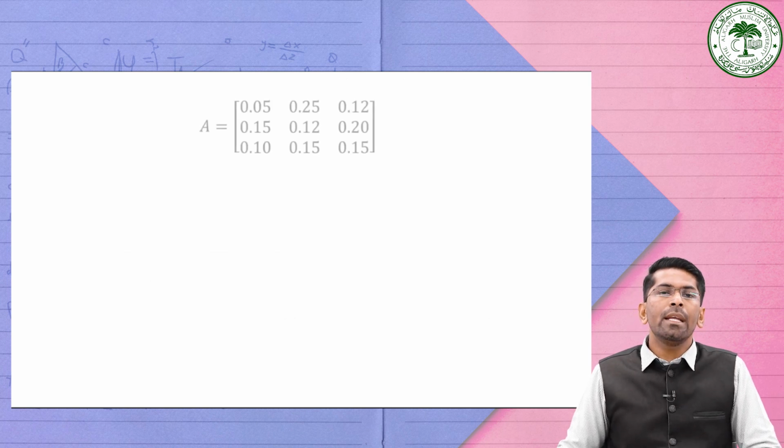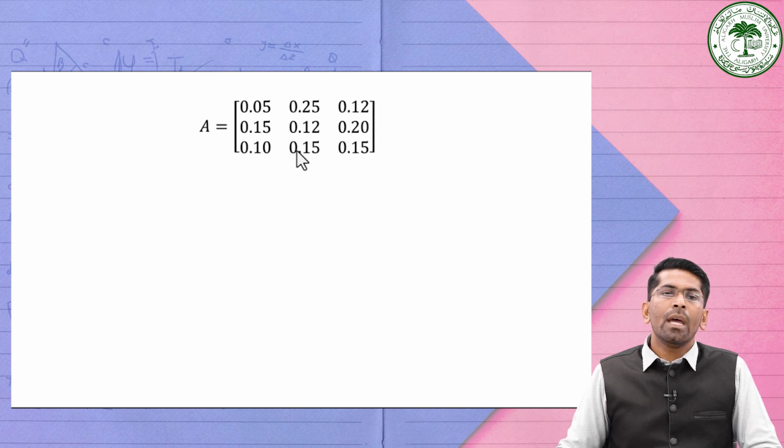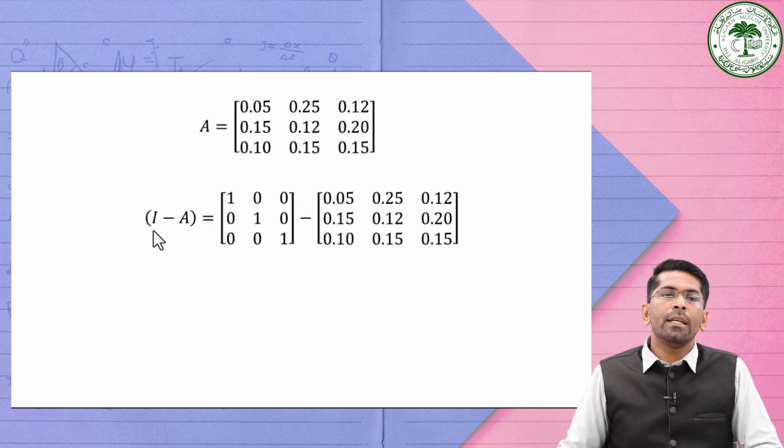Now after finding the matrix A, we are going to consider the difference between the identity matrix and the coefficient matrix. So I am introducing here the identity matrix, that is 100, 010, 001. We have a 3 by 3 identity matrix as well, because we have a 3 by 3 coefficient matrix.